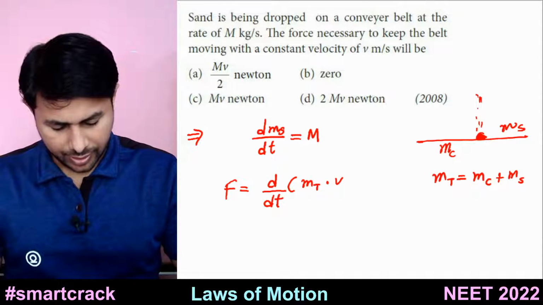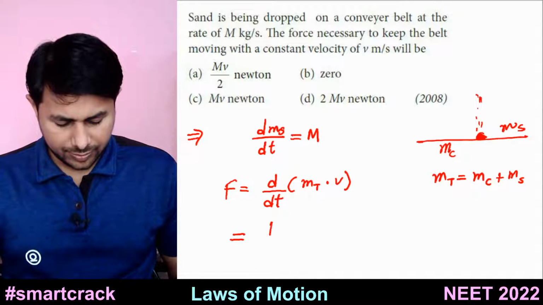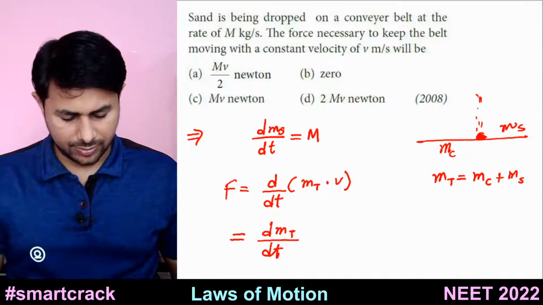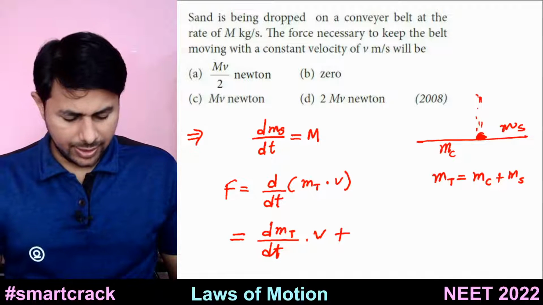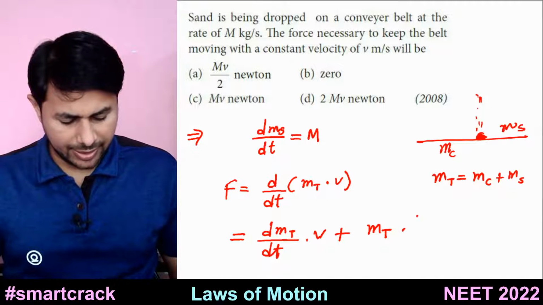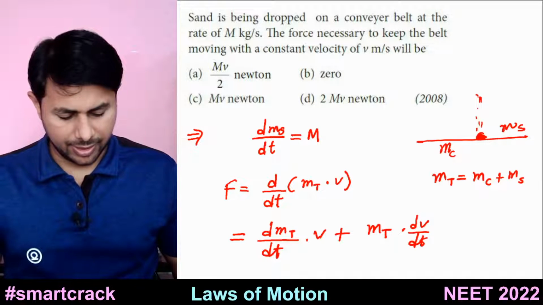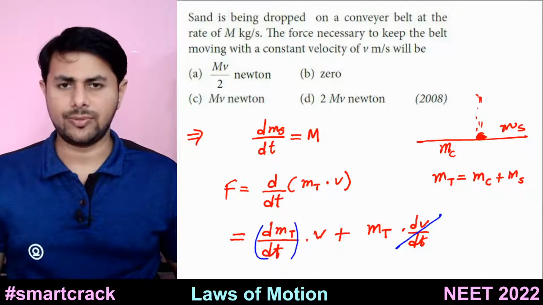So it is equal to the derivative of the mass with respect to time, into velocity, plus the total mass multiplied by the derivative of velocity with respect to time. But velocity is constant, so the second term is 0, and we are left with the first term only.